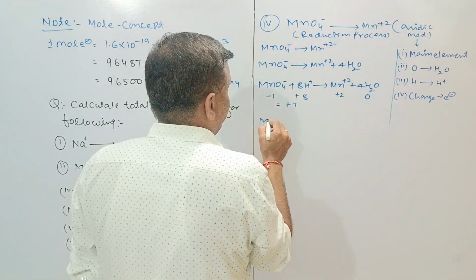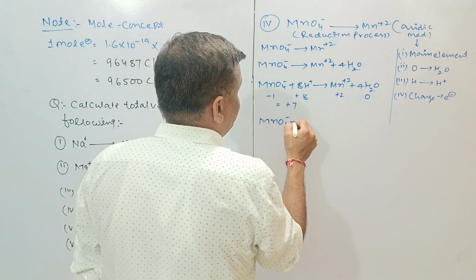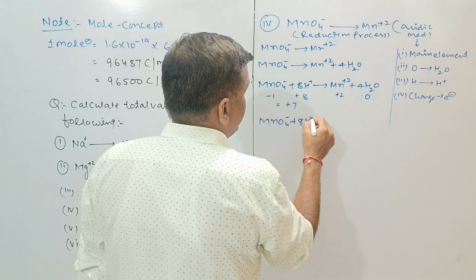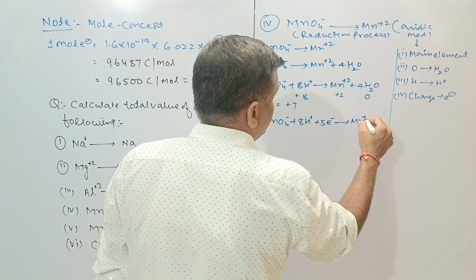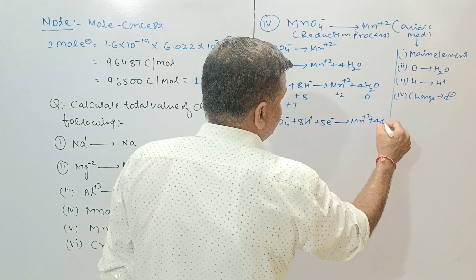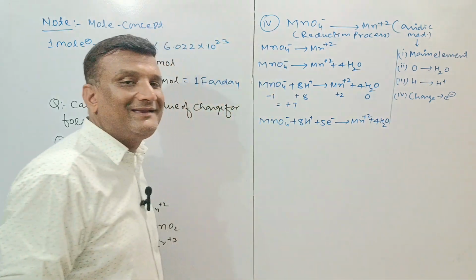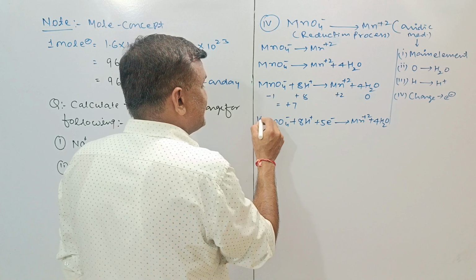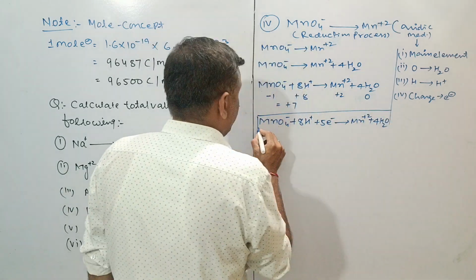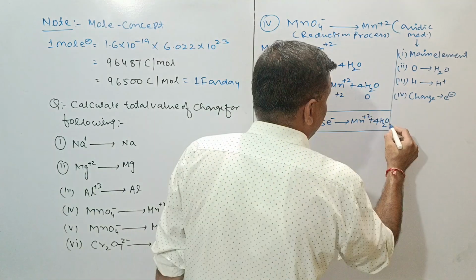So that's why here we have MnO4 minus plus 8 H plus plus 5 electrons, changes in Mn+2 and 4 H2O. This is the entire balancing of the reaction. In this balanced reaction, 5 moles of electrons are required.